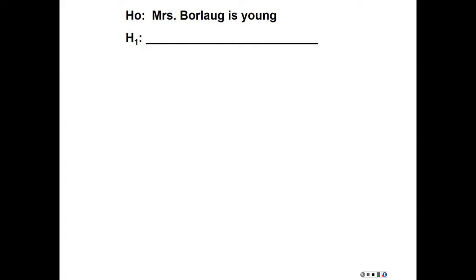What does H1 say? She's not young. That's the politically correct answer. Do not say Mrs. Borlaug is old. Mrs. Borlaug may not be young, but she's not necessarily old. Okay? So H1 says Mrs. Borlaug is not young. That's really all H1 ever says. It's whatever H0 said. No, it's not. The word not goes in there.